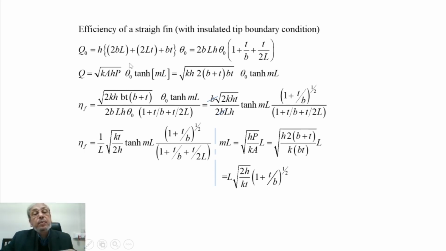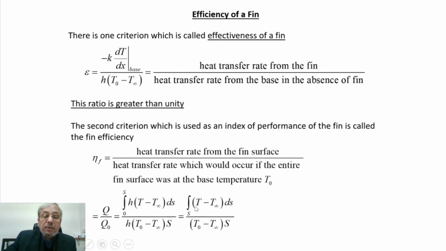So top surface and bottom surface twice BL, twice LT, L is the length and T is the thickness. So two sides and BT, that is the end or cross section. So this we get. And Q is basically, again, integration of T minus T infinity into dS.